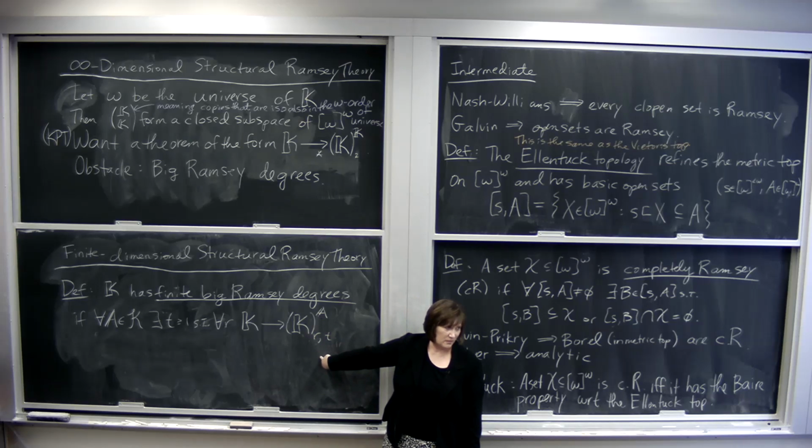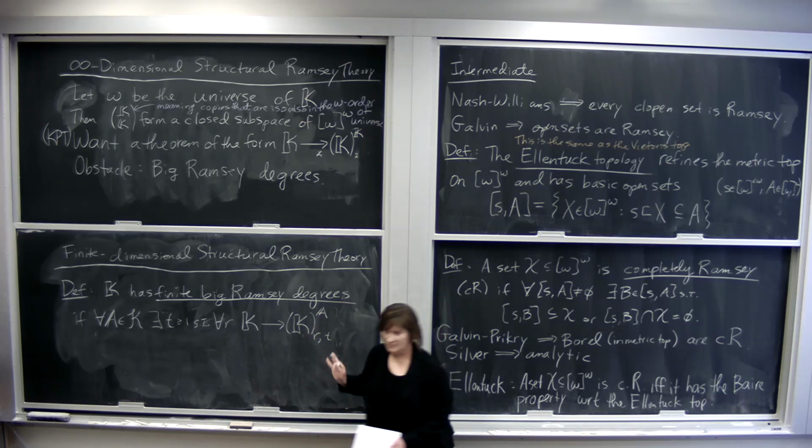The least such T is called the big Ramsey degree, if it exists.